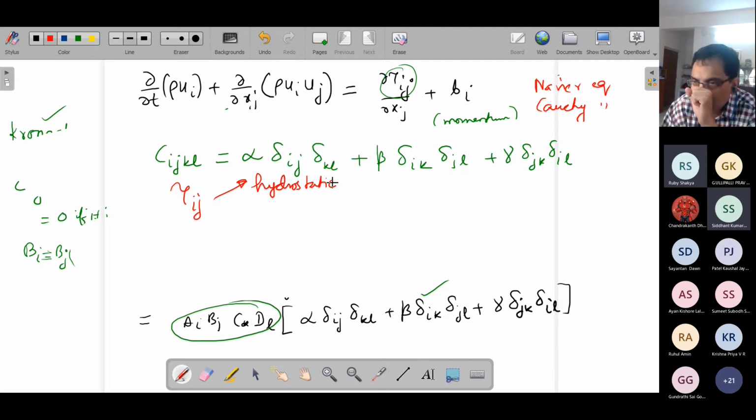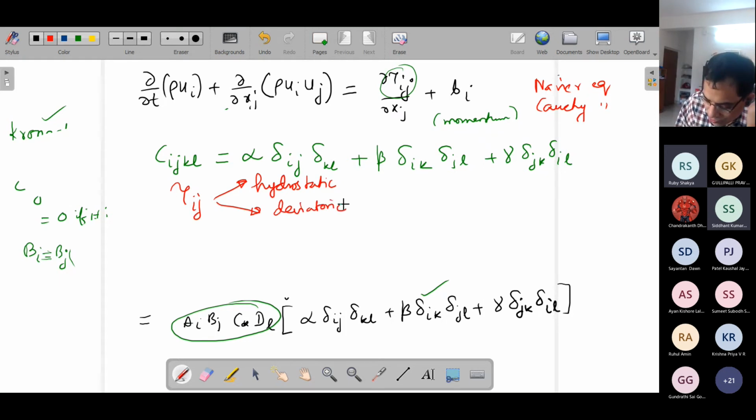Hydrostatic means basically, in the limit when there is no fluid flow, the stress in the fluid is due to pressure. When the fluid is moving, the stress is due to pressure plus the viscous effects. But when the fluid is not moving, the stress is only due to pressure. So that limiting condition is called hydrostatic. And when the fluid is deforming, there is a deviation from the hydrostatic state, which is called the deviatoric state.